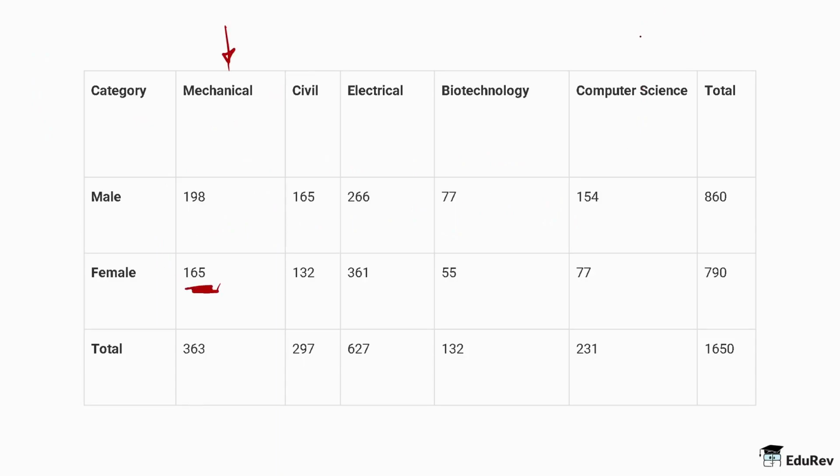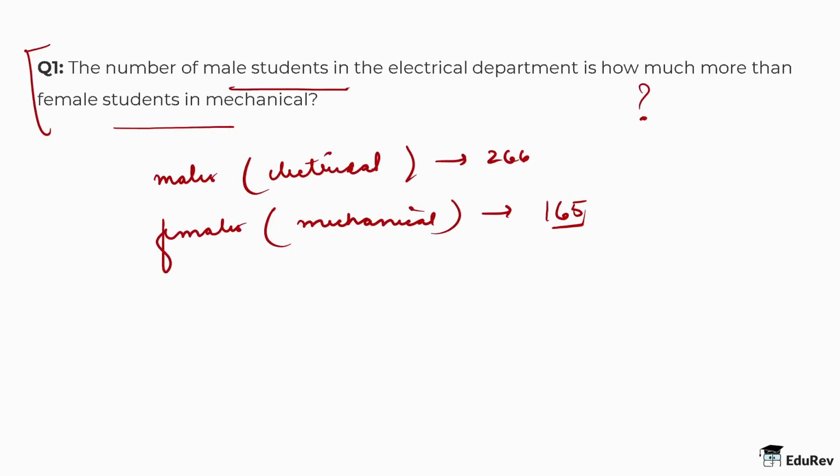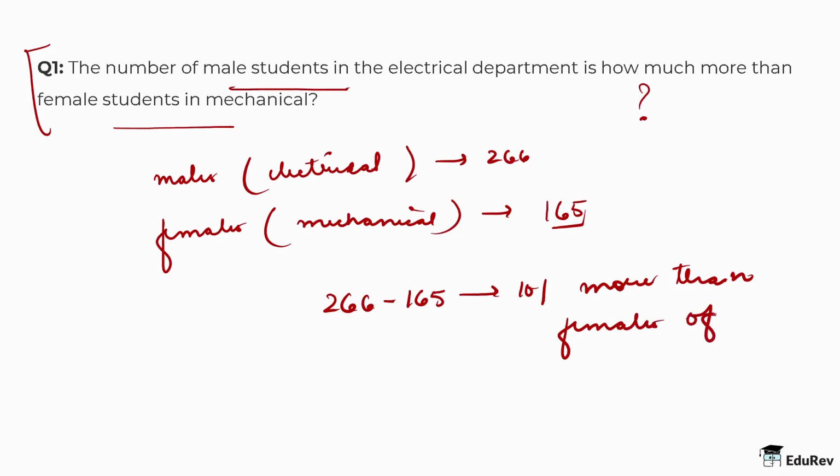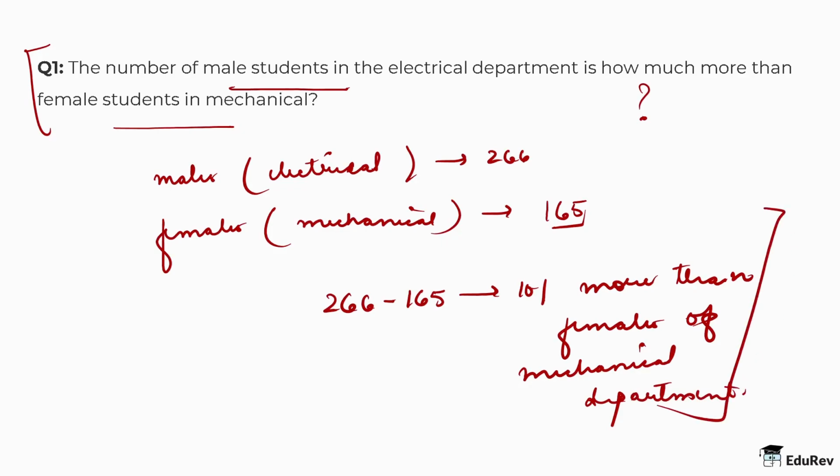And electrical is here, and the number of males is 266. So the number of males in the electrical department is 266 minus 165, that is 101 more than the females of the mechanical department. Great. I hope you understood how to solve this question.